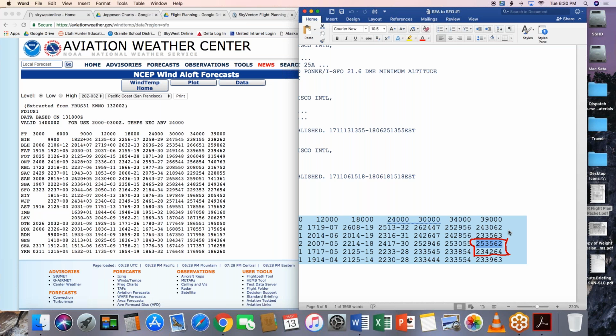So 240 degrees, again, we're looking at the winds aloft chart there. Do you see where I have the red box? Yeah. So you're saying 240 degrees because it's between 250 and 230. 240 degrees at, what's the average between 35 and 42?